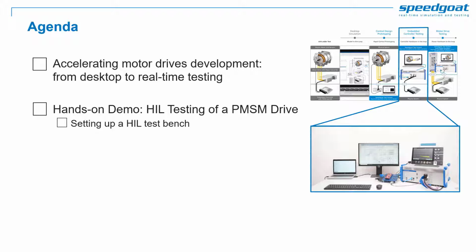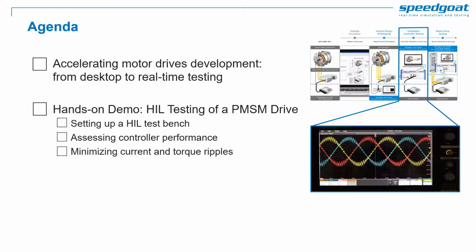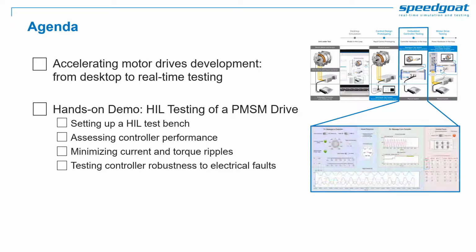I will show how to deploy the motor control algorithm to the device under test and connect it to the real-time target machine running the model of the plant. I will then use this setup to assess the motor controller performance. Deploy a switching inverter model to the FPGA to monitor current and torque ripples and minimize them. Finally, we will test the robustness of the controller by injecting electrical faults to the virtual inverter.